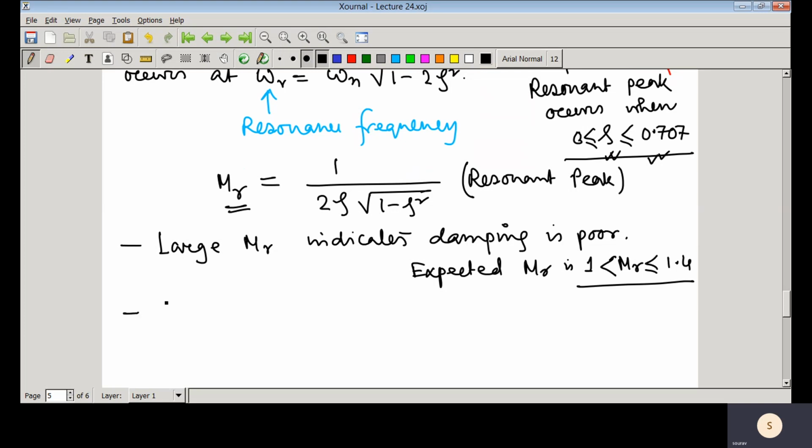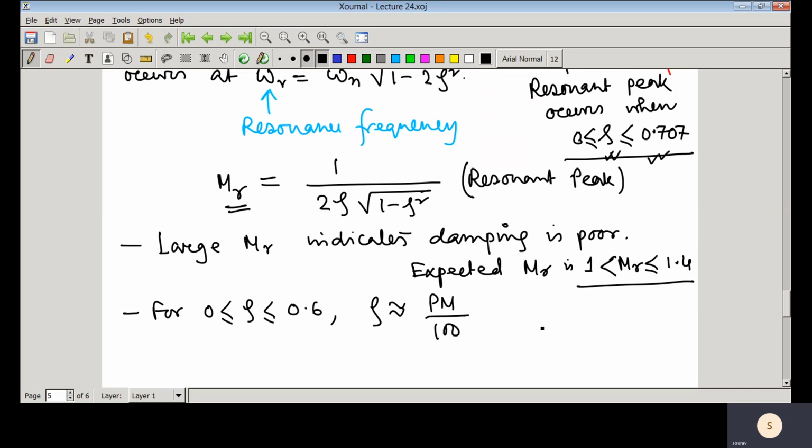And there is one interesting relationship. Whenever zeta is between 0 and 0.6, then zeta is approximately equal to the phase margin divided by 100. So whenever we will be designing a closed loop system, this information is very essential as well as very important.